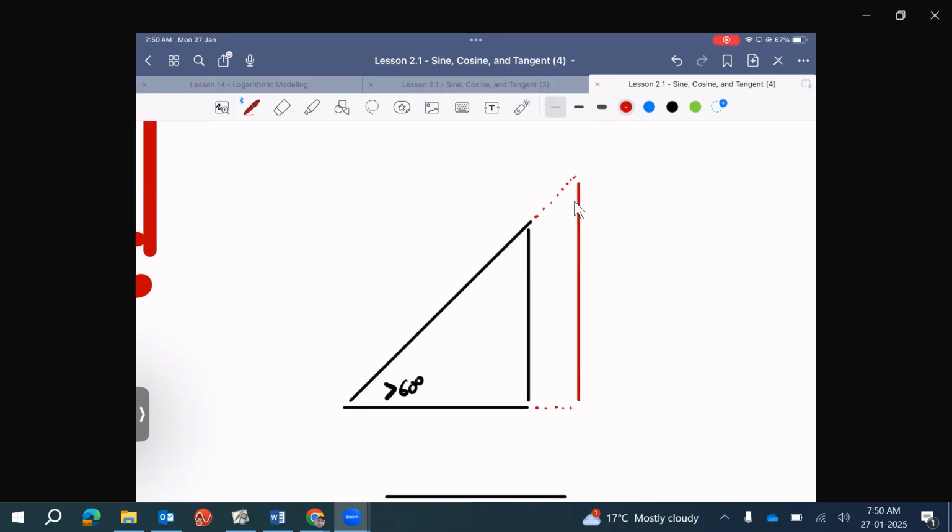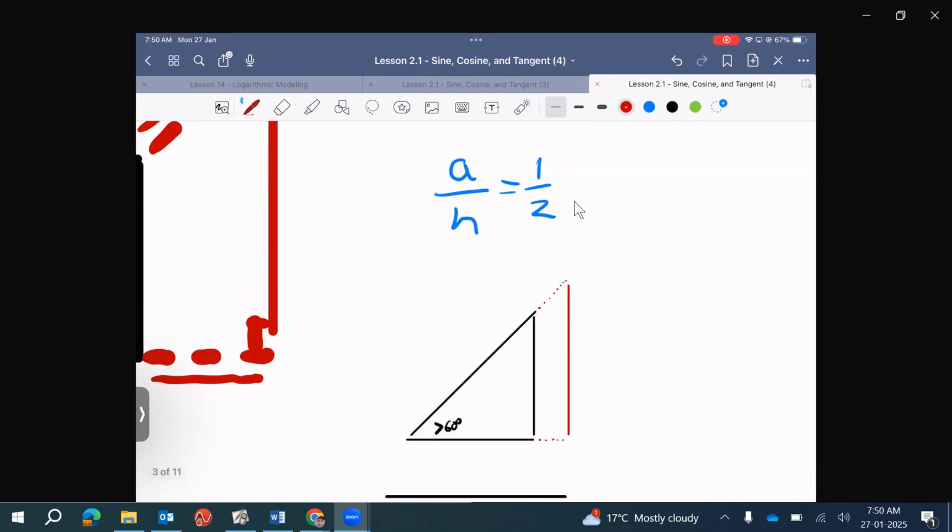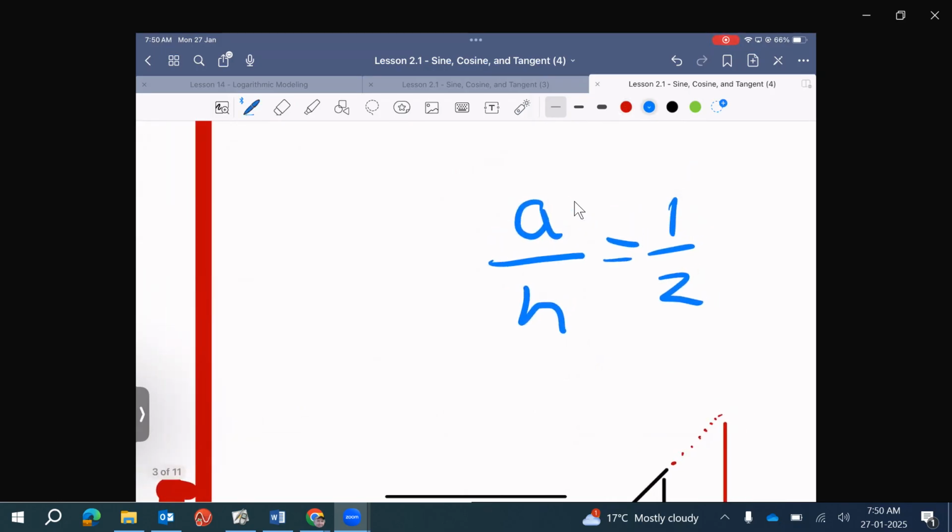So what we find is that we have a common function that will tell us, given any adjacent and hypotenuse of a particular triangle, if we know what the angle is, we can know what the ratio is, and that's the cosine function.